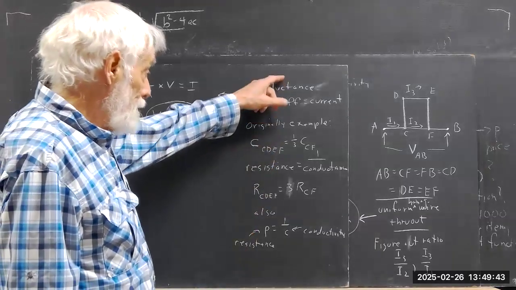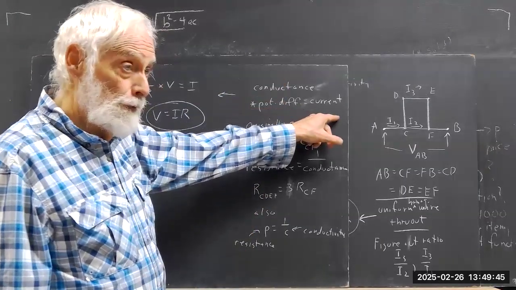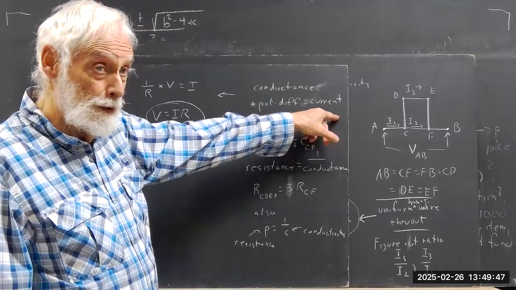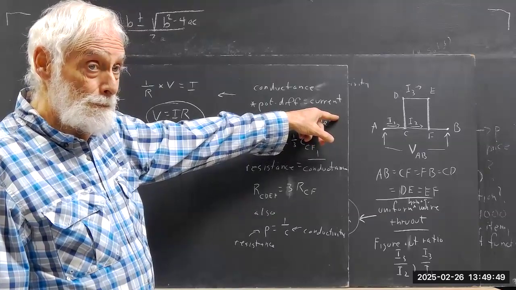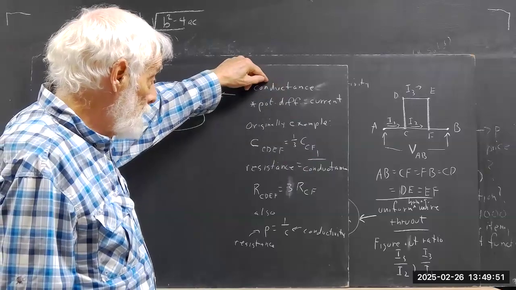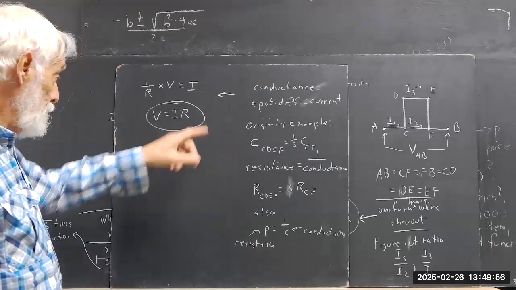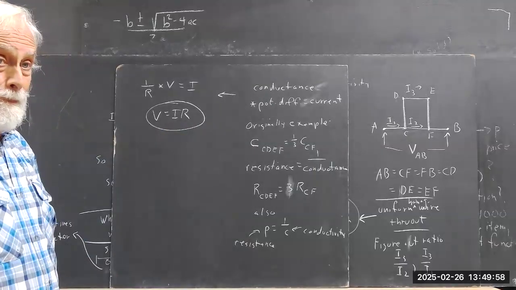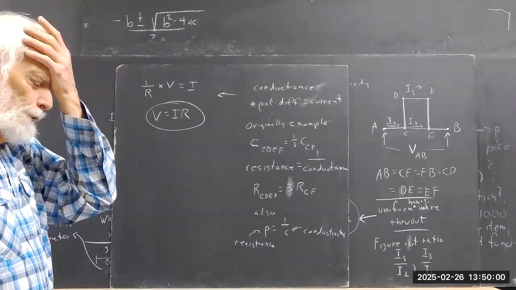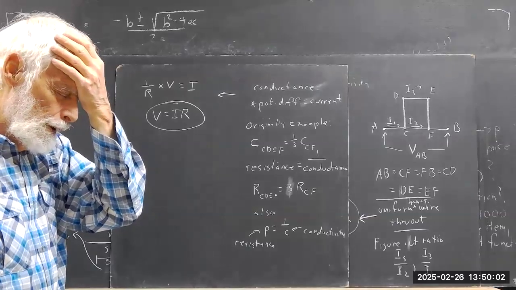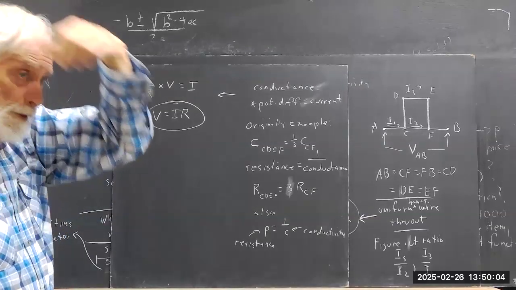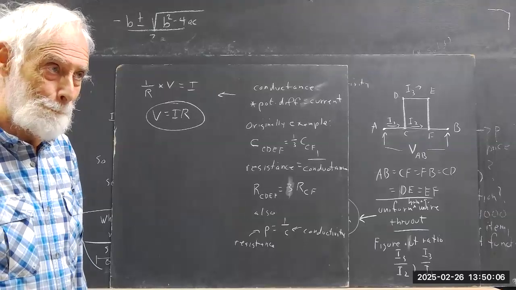But if you think in terms of conductance times potential difference equals current, which is a very intuitive idea. Conductance is reciprocal of resistance. You can always get to this. Even if you forget, is it V equals IR, or is it I equals VR, is it I equals V over R, or what? Okay.